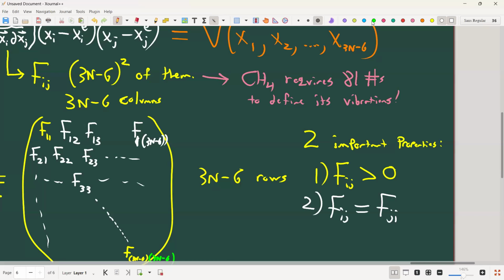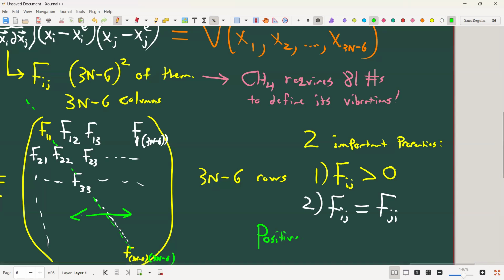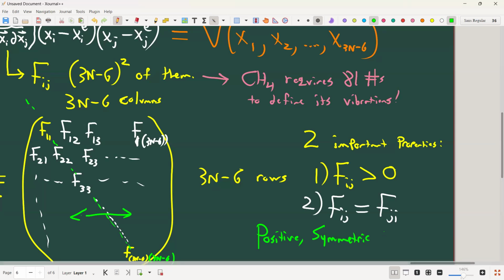And so if I draw a big kind of diagonal line through here, right, everything on the right side is mirrored on the left side, right? It's a positive symmetric matrix. Mirrored around the diagonal.